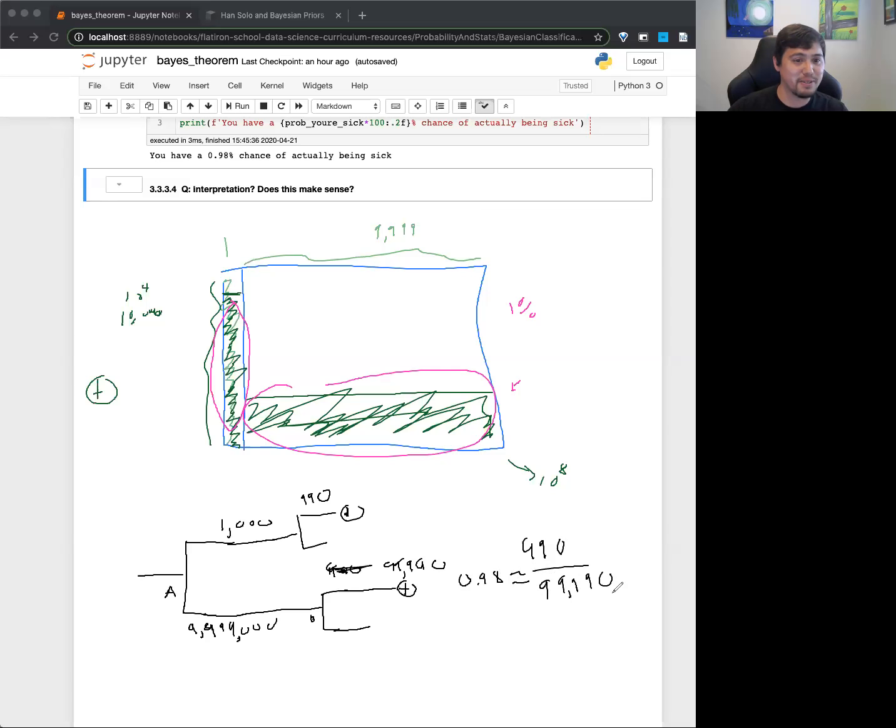Okay, so I did some numbers wrong here, but it should be 0.0098, right? So Jessica showed it was 0.009. I think you had it, Jessica, right? So yeah, it's not 98%, yeah, perfect.